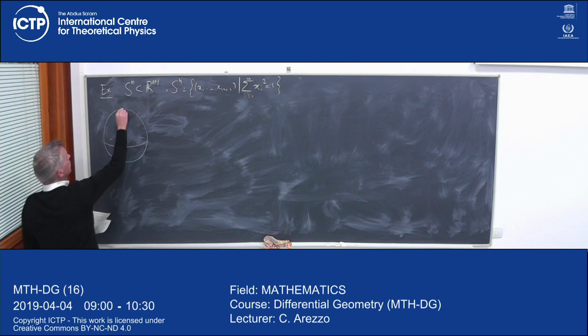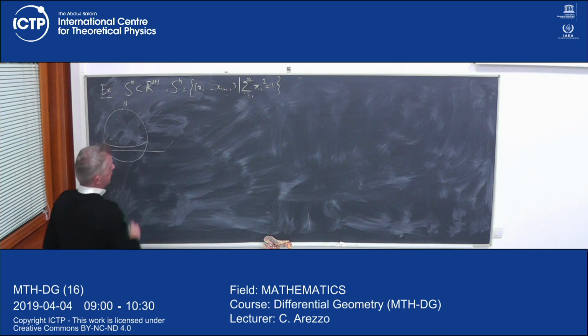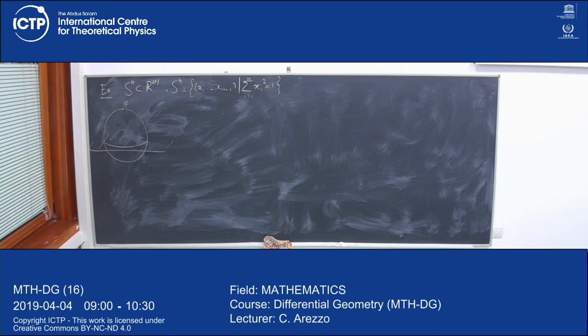And actually I've given you directly as a homework to compute the stereographic projection from one point. Have you already done it? So you did it in dimension 2. The computation is actually the same in any dimension.